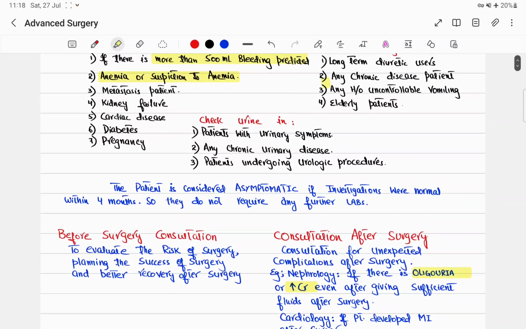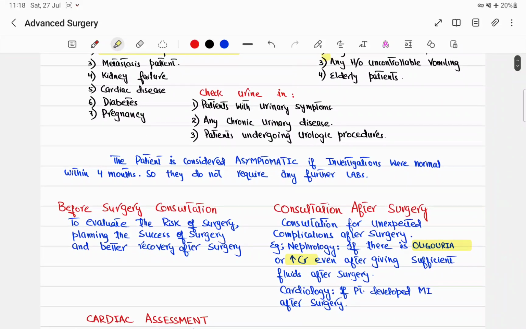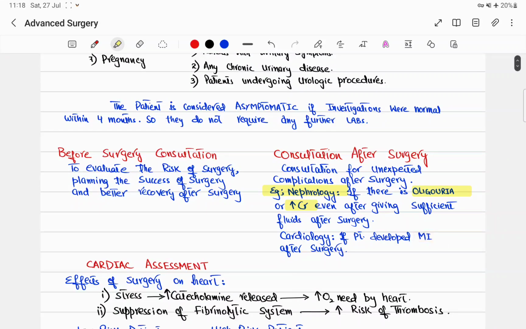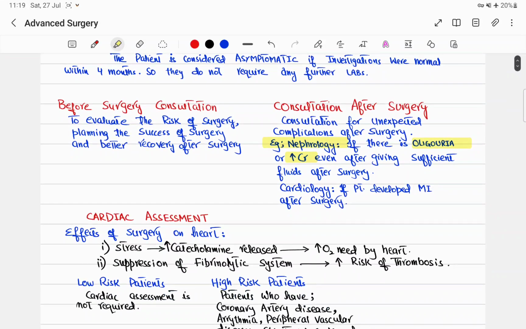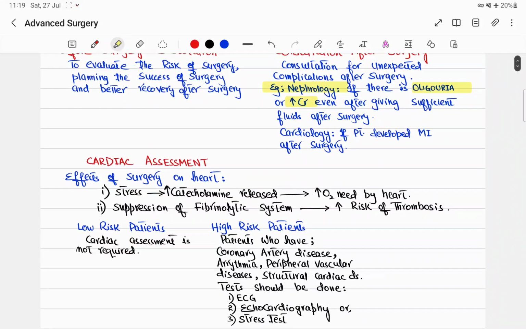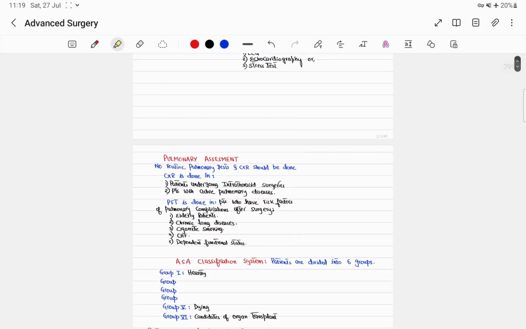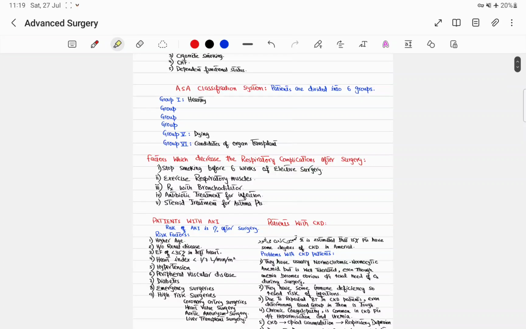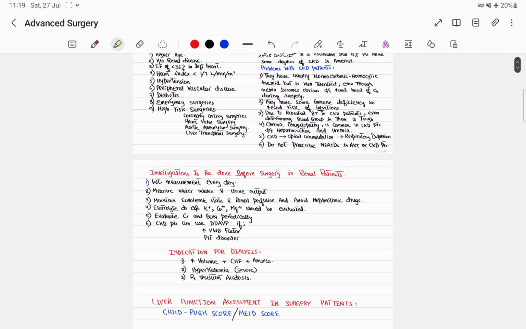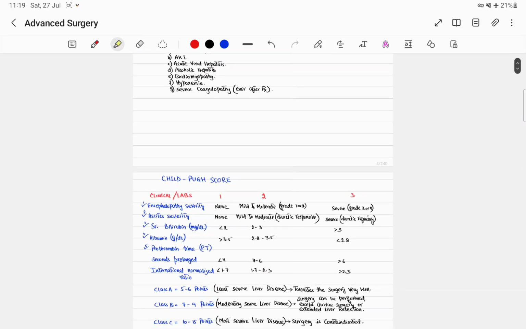Similarly, we give cardiology consultations to patients who develop, for example, myocardial infarction after surgery. Now some assessments, like the cardiac assessment, the pulmonary assessment, the renal assessment, and the liver function assessment.